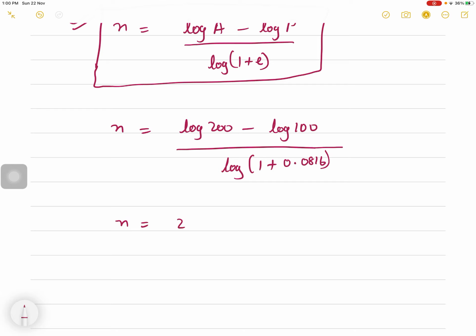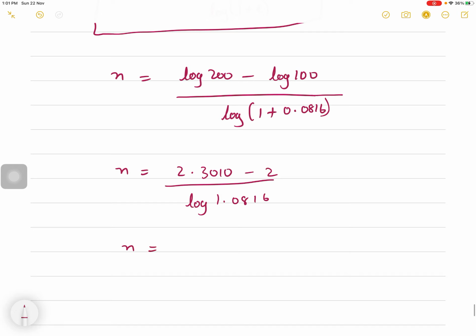Log 200 is 2.3010 minus log 100 is 2, divided by log 1.0816. Okay, now let's calculate log 1.0816.